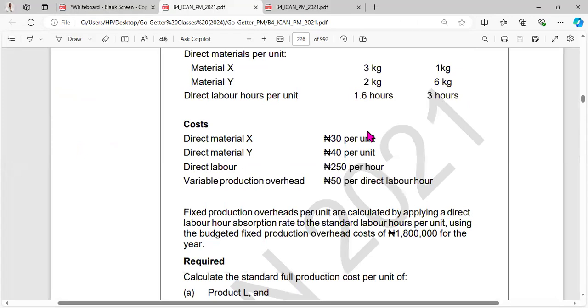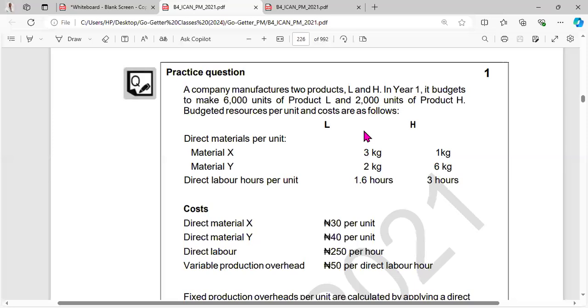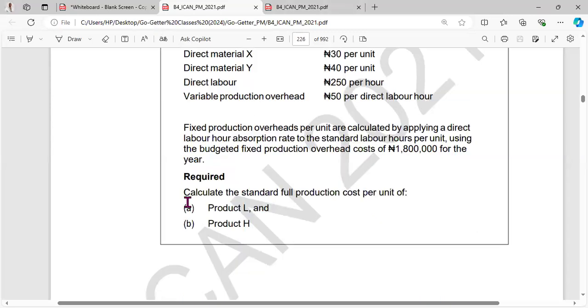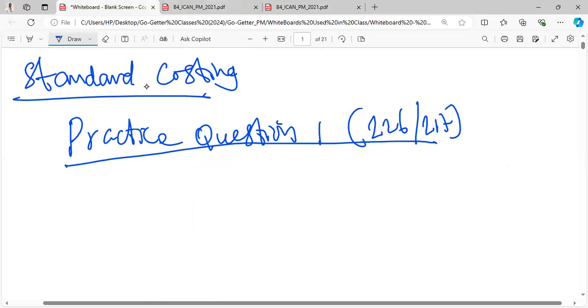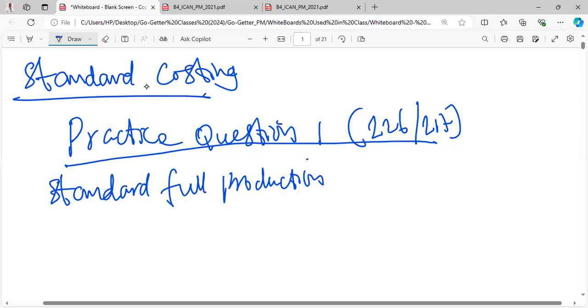Now, the company manufactures two products, L and H. So we are asked now to find the standard full production cost per unit of L and H. So sorry, we are going to do it here. Standard full production cost per unit.